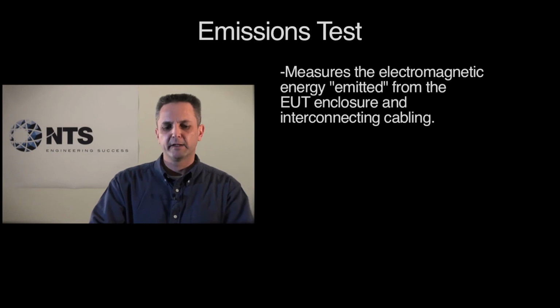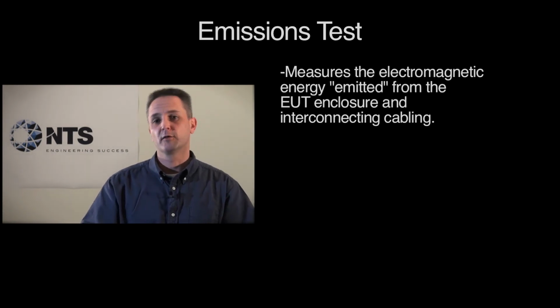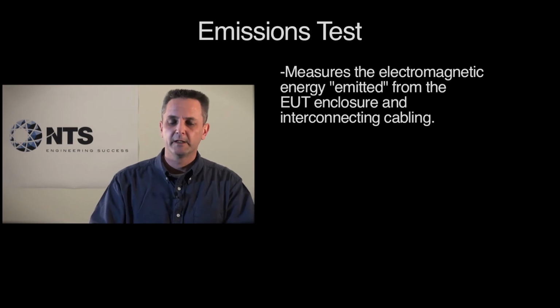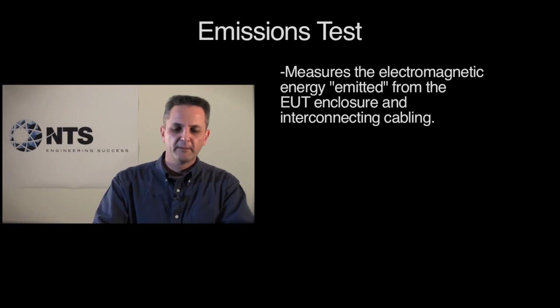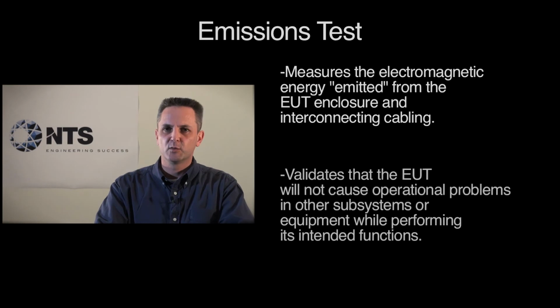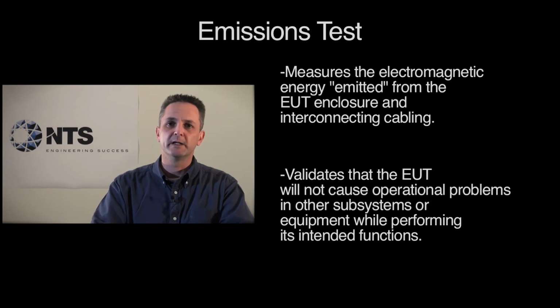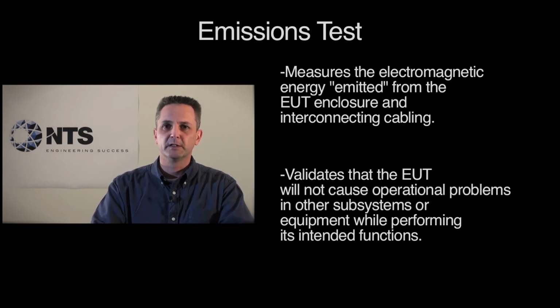So there are 2 types of tests covered in MIL Standard 461F. The first type, as we mentioned, is our emissions tests. These measure the electromagnetic energy emitted from the product, either from the enclosure or the enclosure and its individual interconnecting cabling. This type of testing validates that the equipment will not cause interference or abnormal operation of equipment installed nearby it or connected to it in a full system construction.